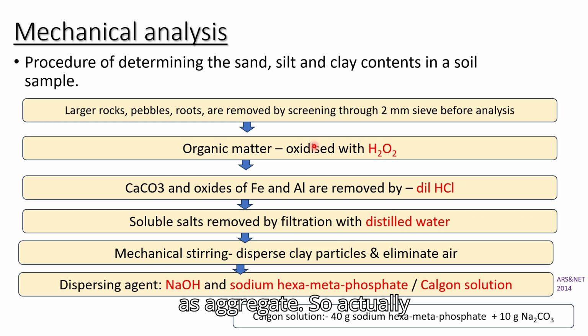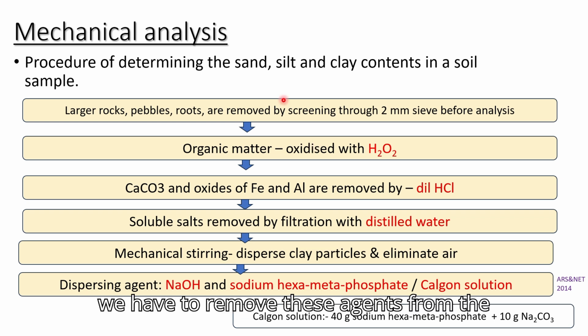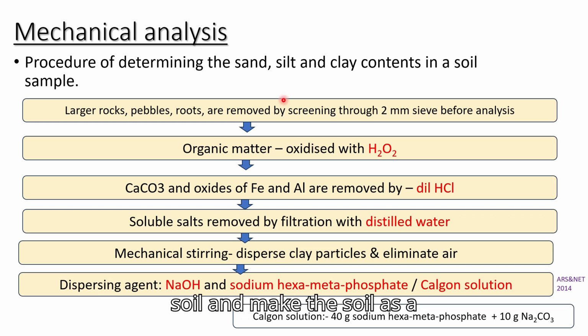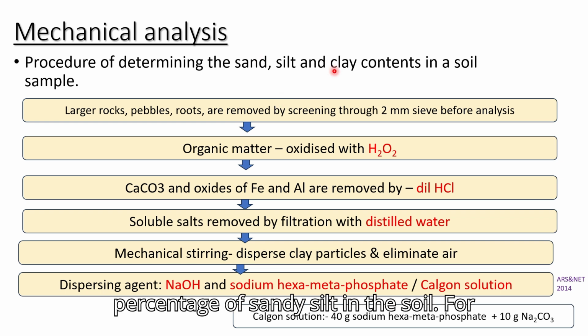Actually, we have to remove these agents from the soil and make the soil into separate, discrete particles. Only then will we get the percentage of sand, silt and clay in the soil.